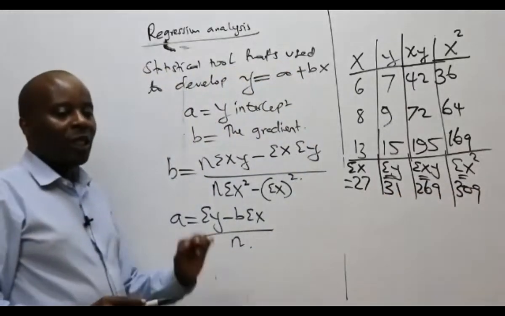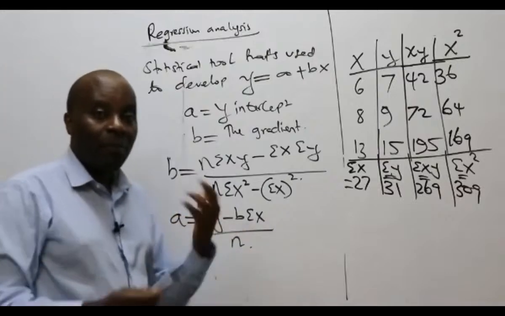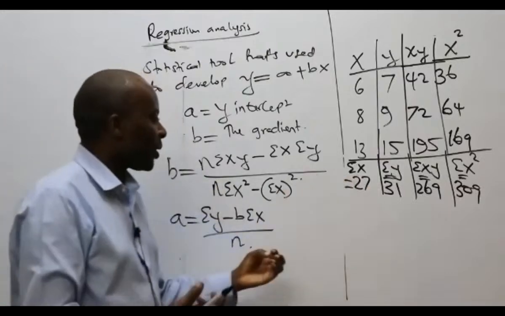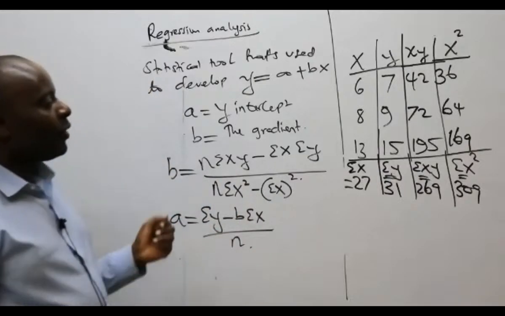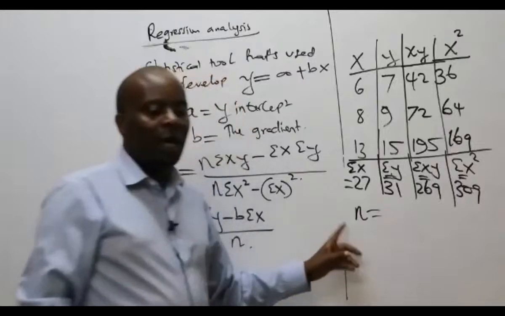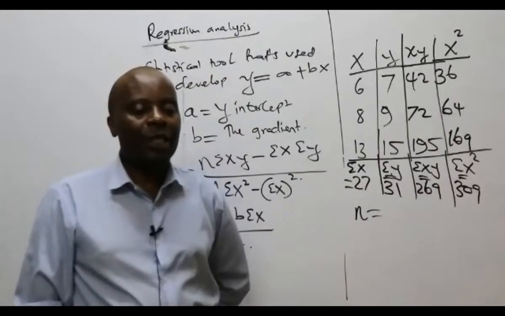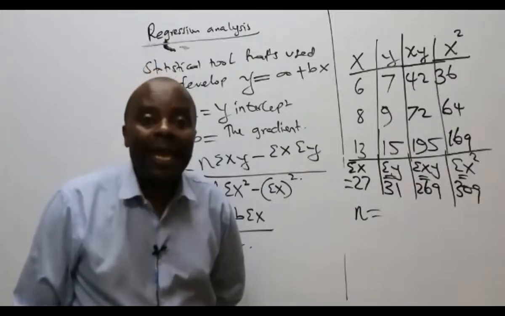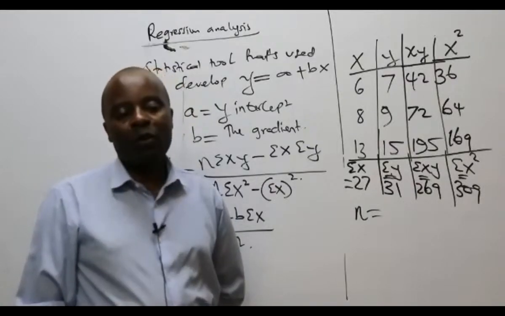Now, ladies and gentlemen, I would want us to move to the next level, which is plugging these summations into the formulas. The very first thing I would want some good student to tell me is the value of n. First of all, n stands for the number of points.